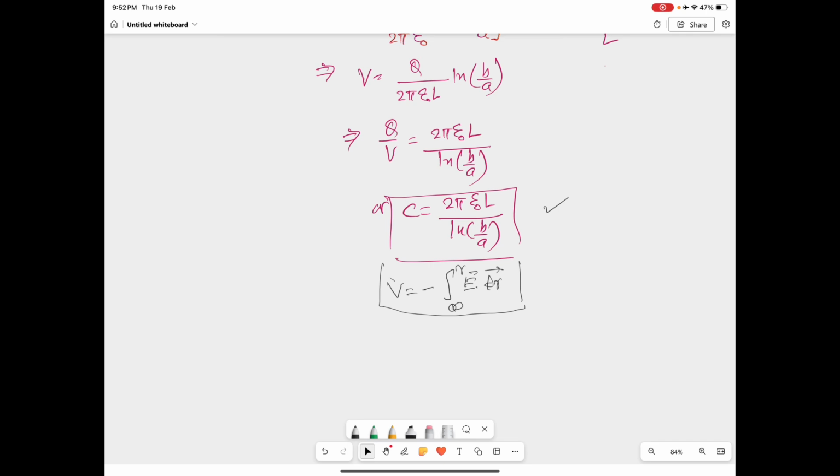What will happen? The reduction of the electric field will also reduce the voltage between the conductors and increase the capacitance. So that's why comes the use of dielectrics.